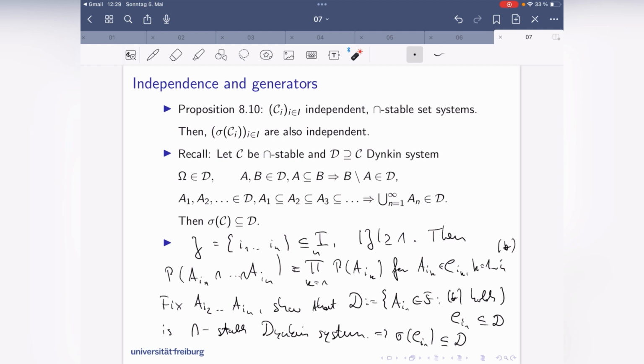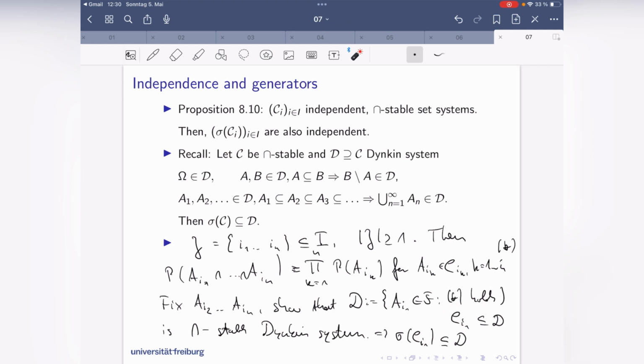So we then have, whenever we have a set from sigma of C_{I_1}, this product formula holds, because all of these are elements of D, and for all elements in D, star holds.